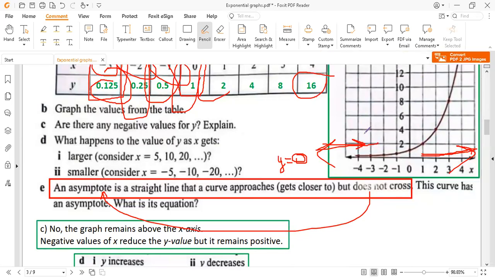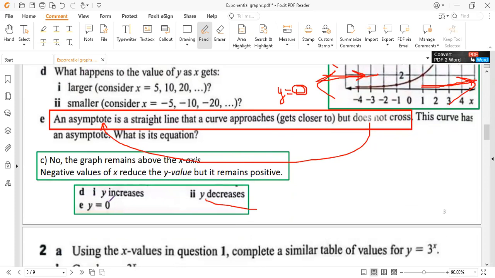When x decreases, going from right to left, at the extreme left, the graph approaches the x-axis and doesn't cross it. So it is the asymptote, because by definition, an asymptote is a straight line that the curve approaches but does not cross.